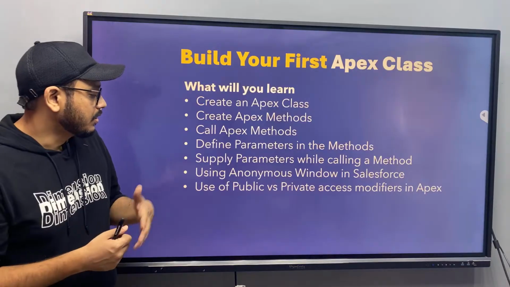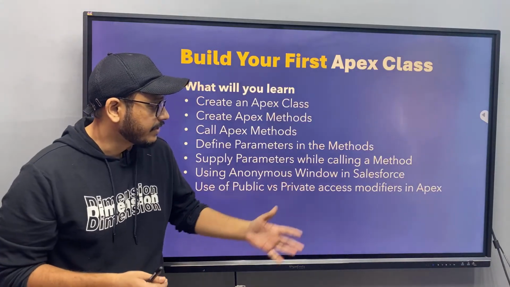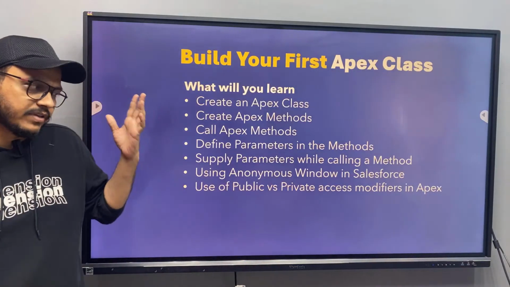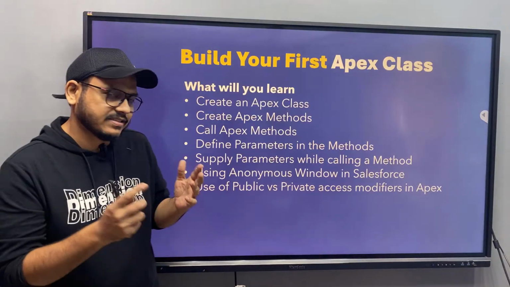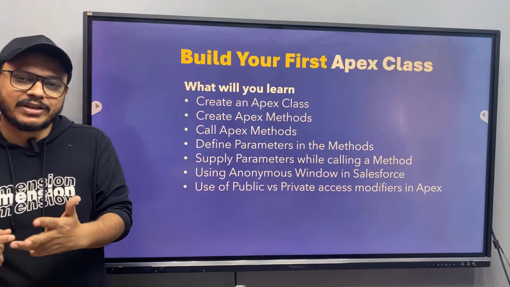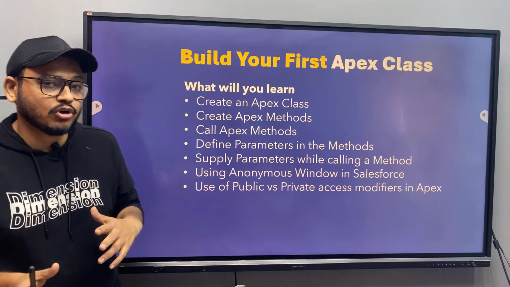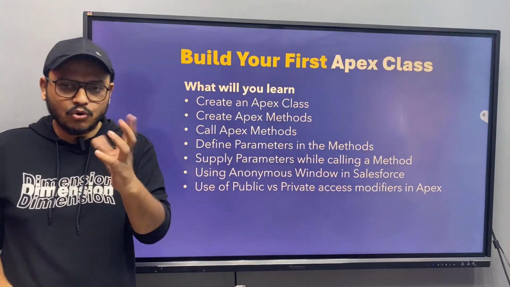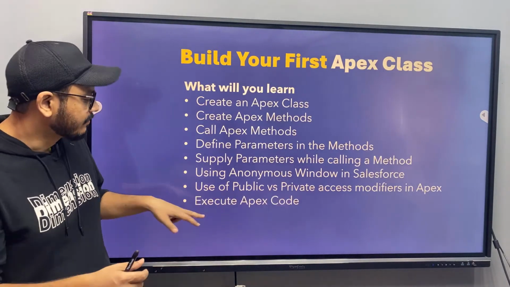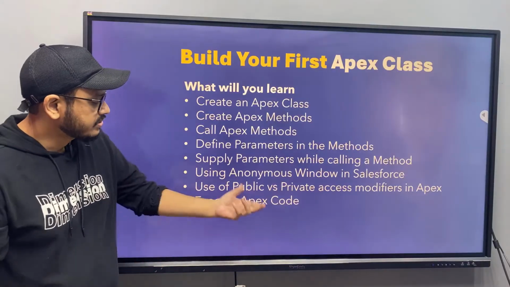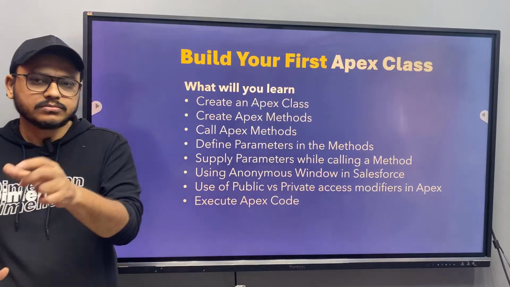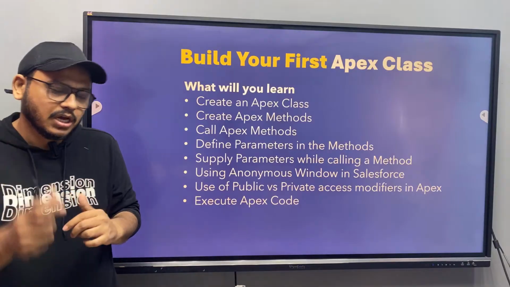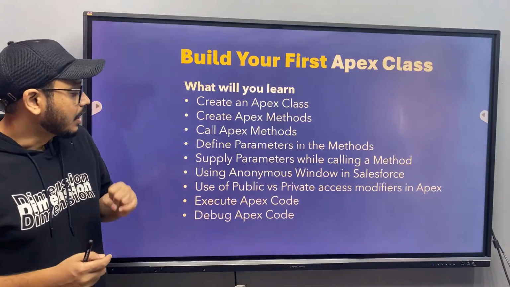We will understand the use of public versus private access modifiers. Earlier we have discussed what the different access modifiers are. We discussed public access modifiers, private access modifiers. Now we will see how we basically use those. We'll see that in practice. We'll also see how to execute an Apex code. So when you're writing an Apex code, how do you execute it?